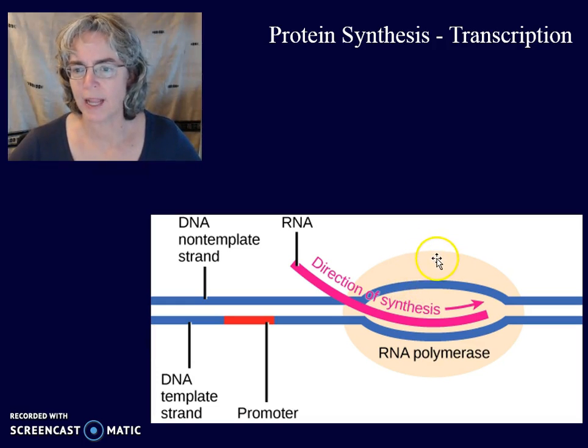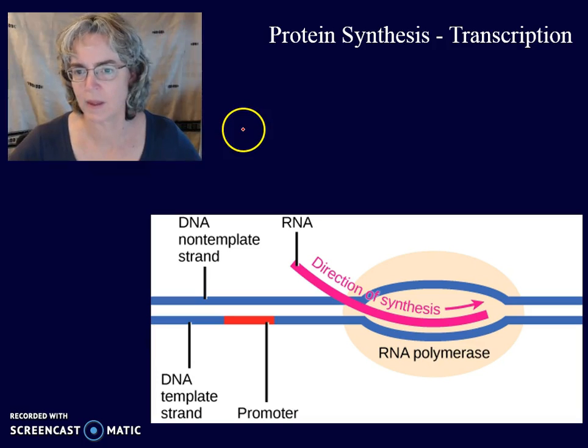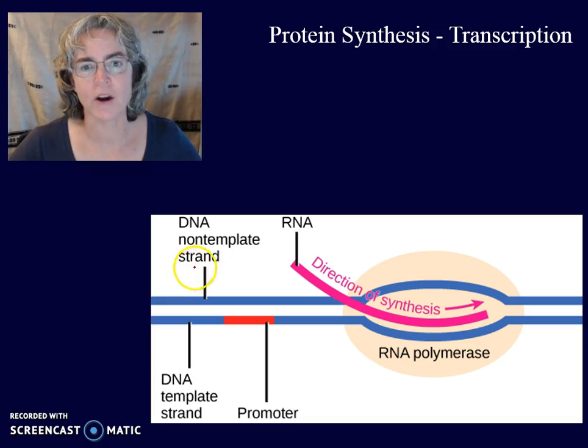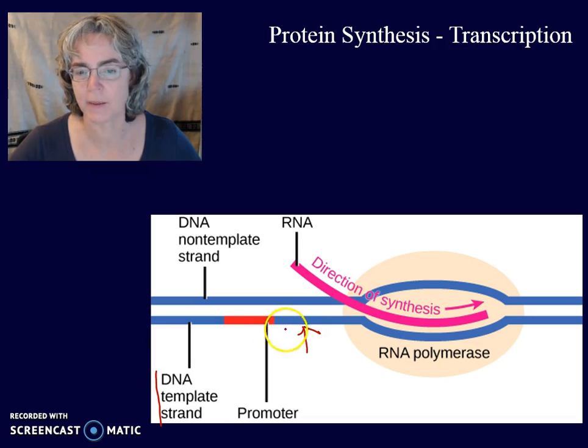The main player here is this enzyme, RNA polymerase. Here is our DNA strand, and this strand right here is going to be our template strand. The RNA molecule is going to be made following the pattern of the template strand.